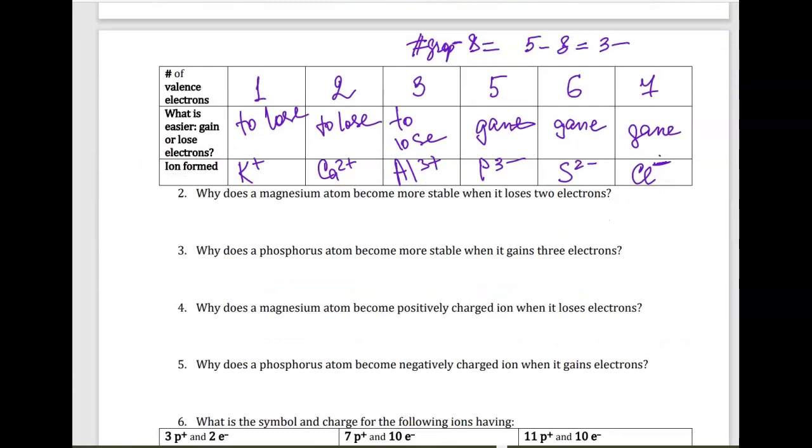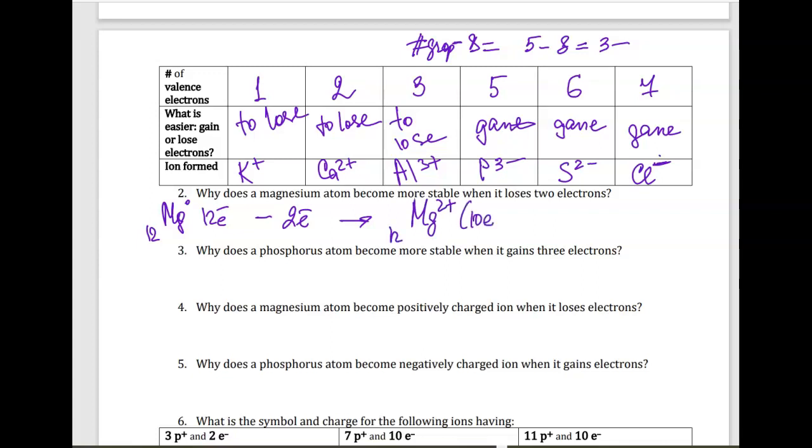Why does the magnesium atom become more stable when it loses 2 electrons? So, and you know the answer. So when magnesium atom has 12 electrons, right? And when it loses 2 electrons, minus 2 electrons, it becomes magnesium 2 positive with 10 electrons, the same amount as neon, 10 electrons.